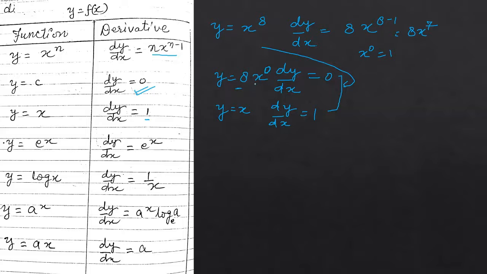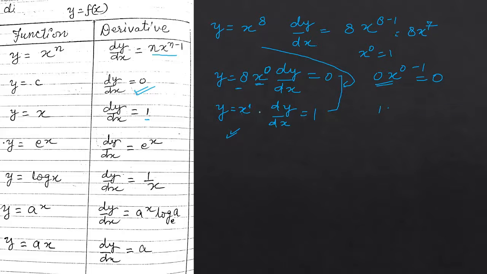So we can put x raised to 0 over here. So derivative of x raised to 0 will be 0 into x raised to 0 minus 1, and any number multiplied by 0 will be equals to 0. In this case, here power of x is 1. So derivative of this number will be 1.